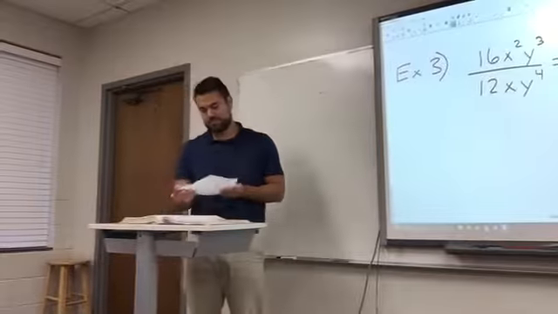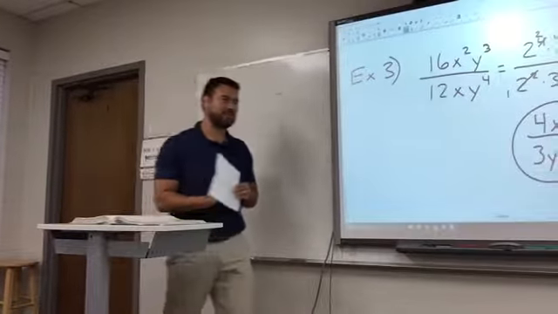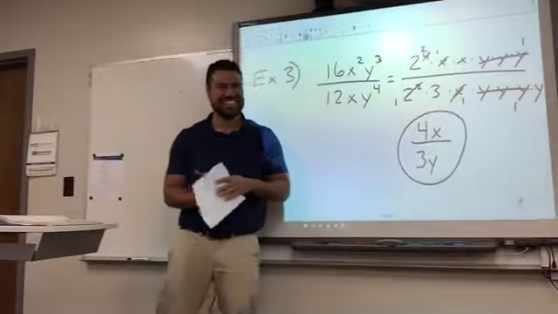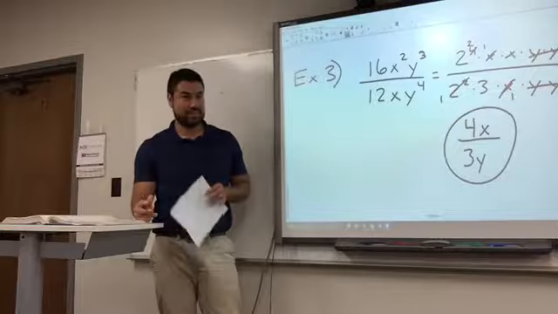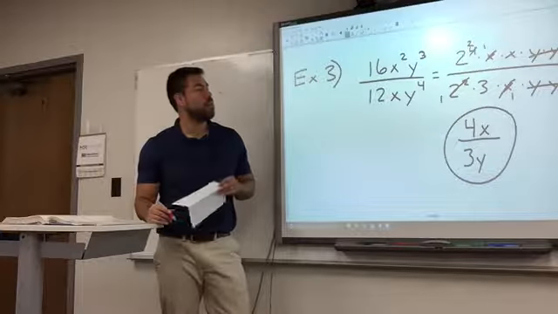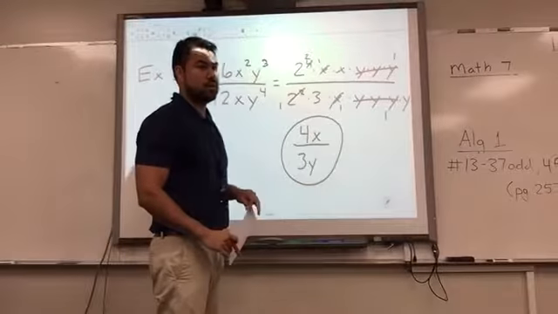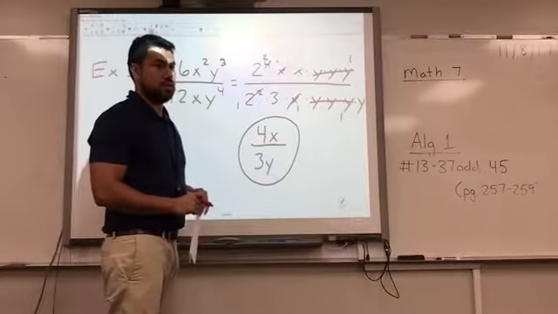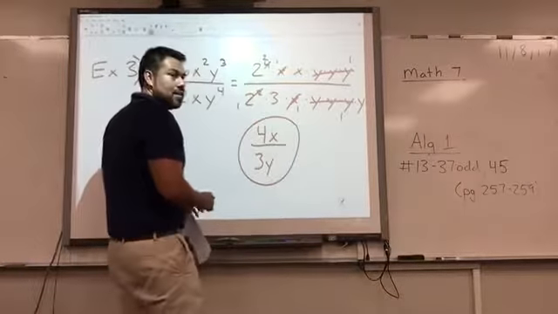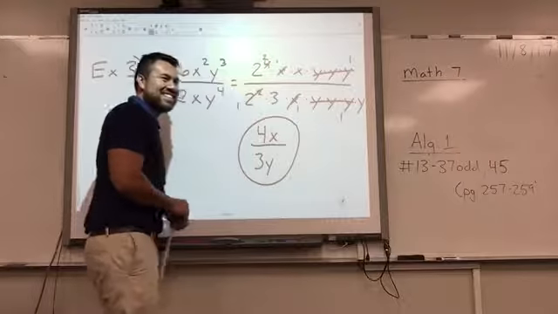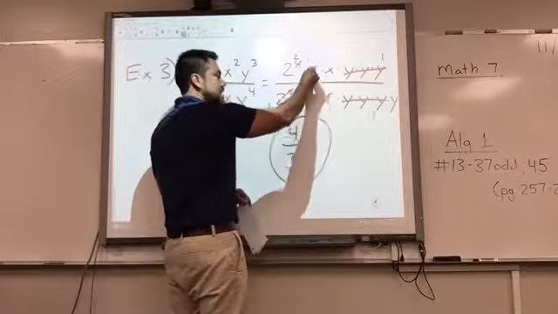Yes, ma'am, Rachel. Why wouldn't you cross out 1y and then 1x? Like for the bottom, why wouldn't you cross out 1y to the top? Do you see how I cancel out these x's?